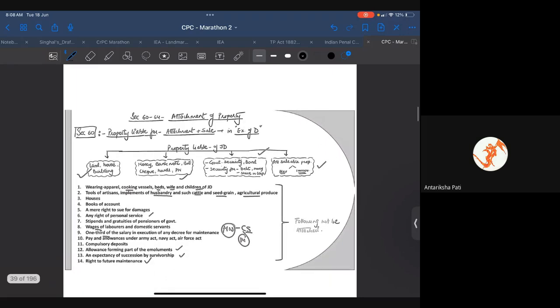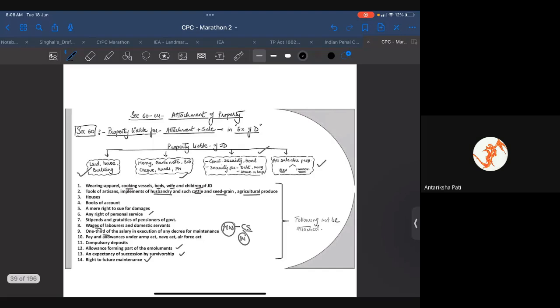But what cannot be attached? This is items 1 to 14. Wearing apparel, cooking vessel, bed, wife and children of the judgment debtor, tools of artisan, implements of husbandry and such, cattle and seed grain, agricultural produce, houses, books of accounts, a mere right to sue for damages, any rights of personal service, stipends and gratuities of pensioners, wages of laborers and domestic servants.